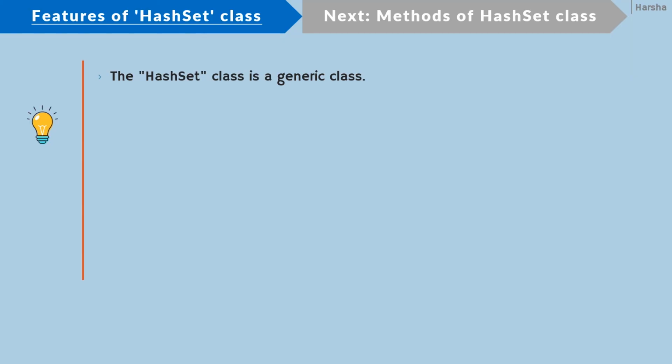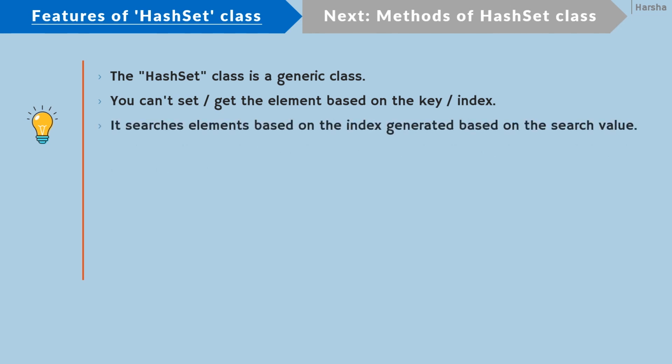So HashSet is a generic class and you cannot get or set the elements based on the key or index. Here you cannot access a specific index. For example, I wish to access the index at 5 or 2 or something. That is not possible, because the index will be automatically calculated every time based on the hash code of the specific value.